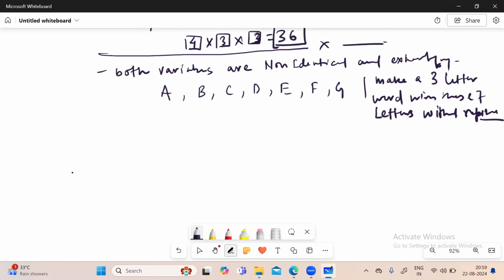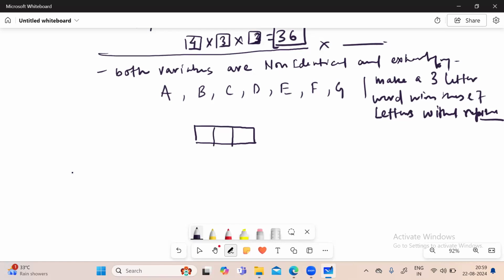तो इसमें क्या है कि repetition आपको नहीं करना है. You don't have to repeat the letters. So basically you have to arrange these letters in these 3 boxes, and every time when you put a particular letter in any box, the box will also exhaust and letter will also exhaust.